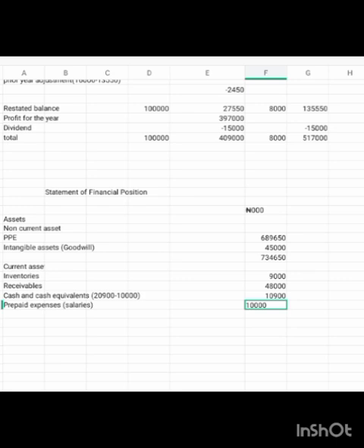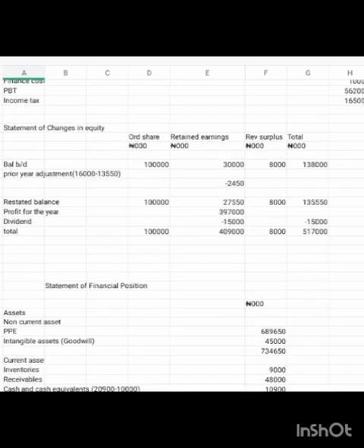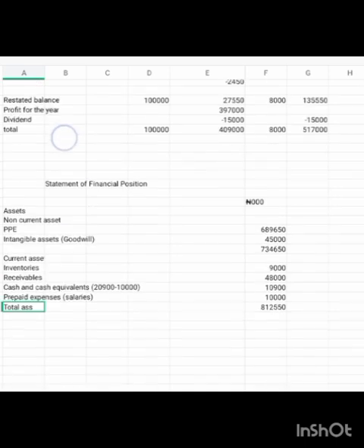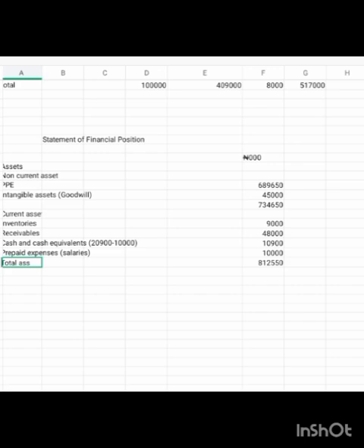If we add everything together, we have 812,550. That is what we call our total asset.